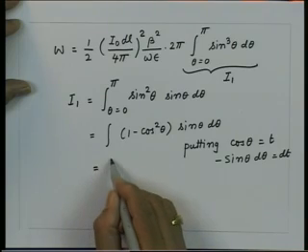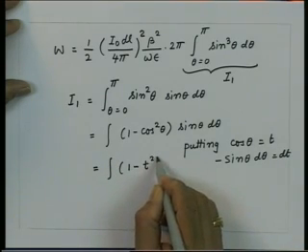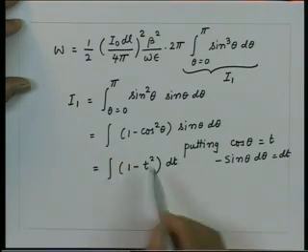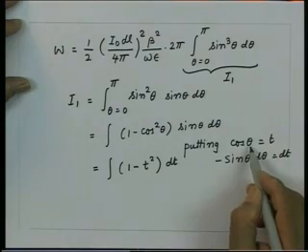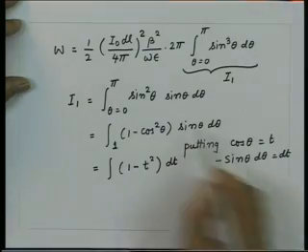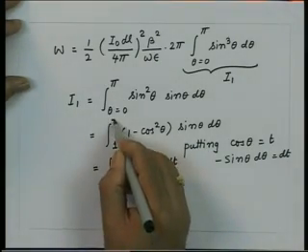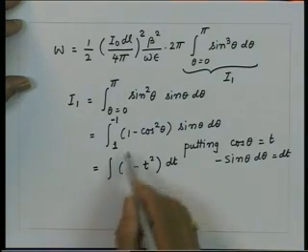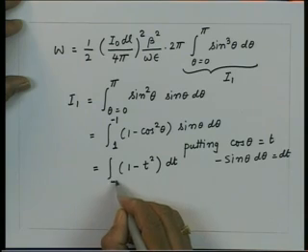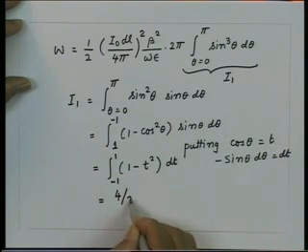So, this will be the integral of 1 minus t square dt, and the limits: when theta is equal to 0, t will be equal to 1, and when theta is equal to pi, t will be equal to minus 1. I have a negative sign here for sin theta, so I can change the limits from minus 1 to 1. So, the integral value will be essentially equal to 4 by 3.